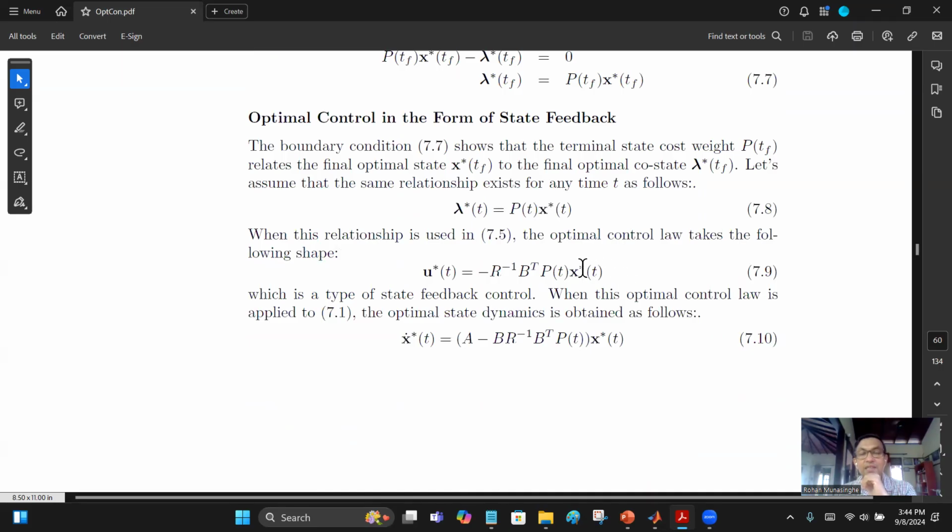Can you see that? This is the optimal trajectory x(t), for any particular optimal state of the optimal trajectory at any moment, any time between 0 and TF. If you know the state, you can put it over here and calculate the optimal control.